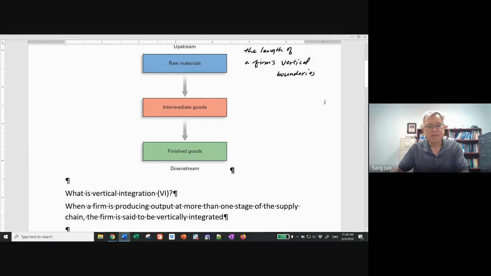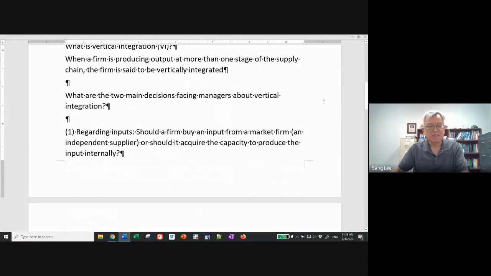So, in essence, the managers have to make a decision about the length of their supply chain. And there are two main decisions. One is regarding input, and the other is regarding output. First, regarding input.